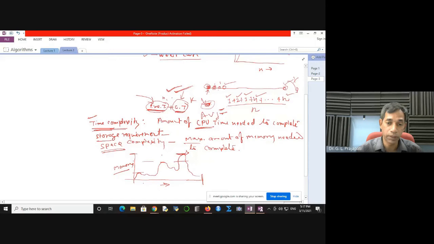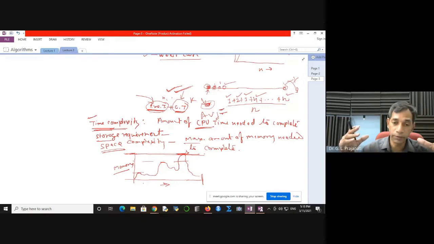So for execution of your algorithm, this is the amount of memory you need, and this is the storage requirement. Whenever you are going for the storage requirement, you need to determine the maximum amount of memory we need for the completion.